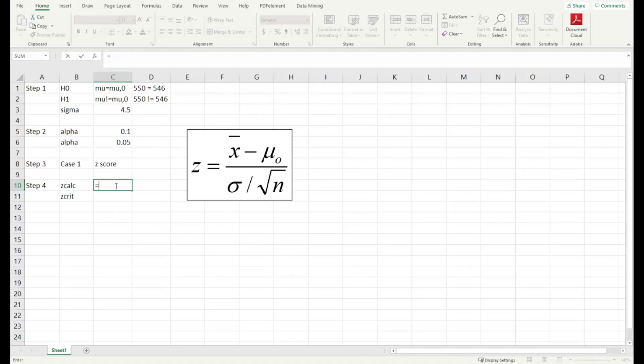Okay? So, 546 minus 550, and we divide this by sigma. So sigma is 4.5 and we multiply it by, since 1 over square root of n ay nasa divisor, dapat square root of n ay nasa numerator.